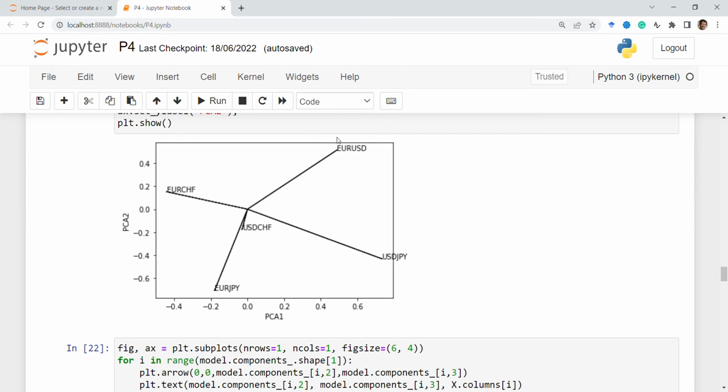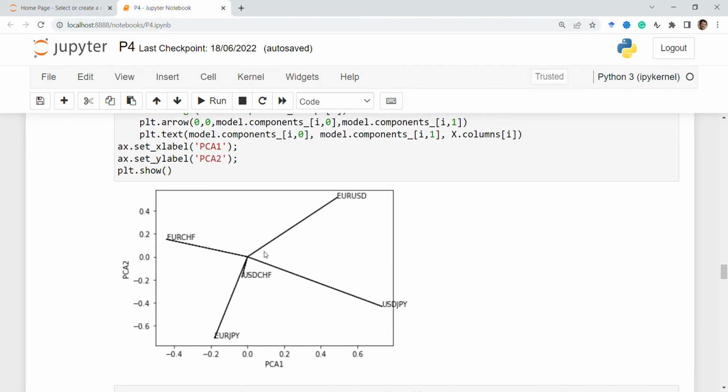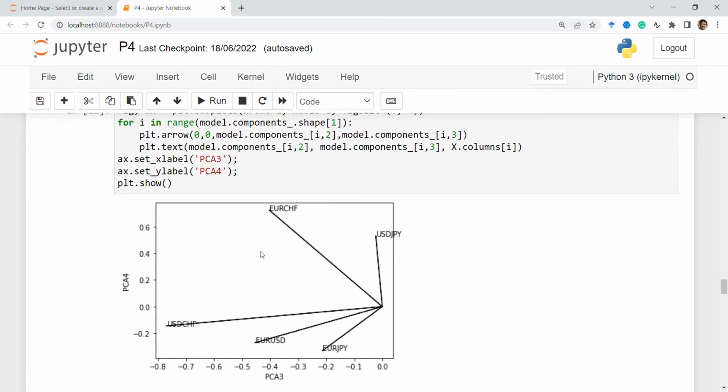Because of the projection, it seems that this is pointing inward, so it doesn't seem that the correlation is exactly 1, and that is actually what we saw from the scatter plot.